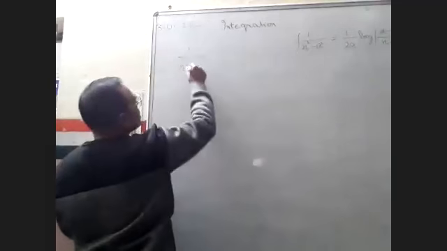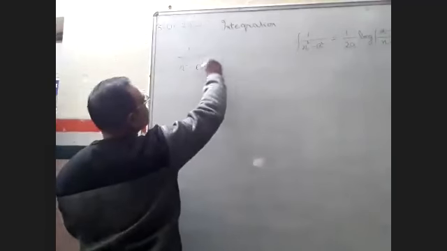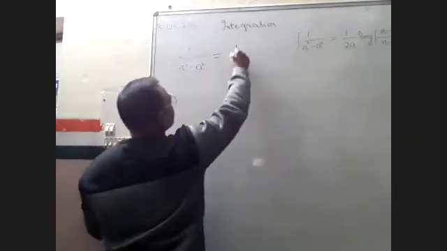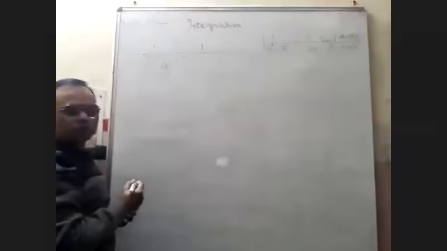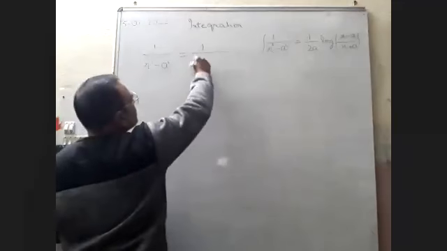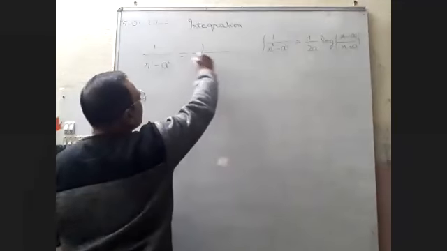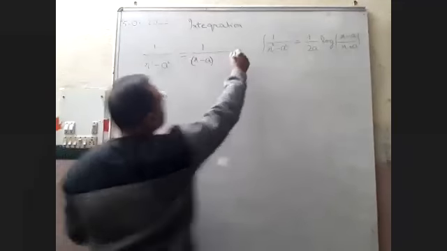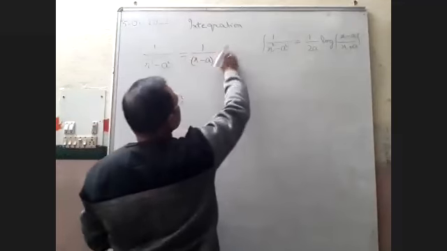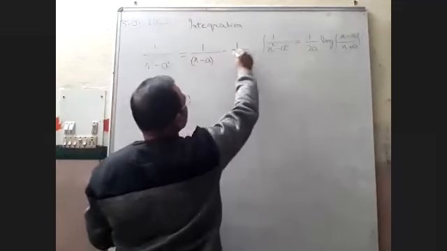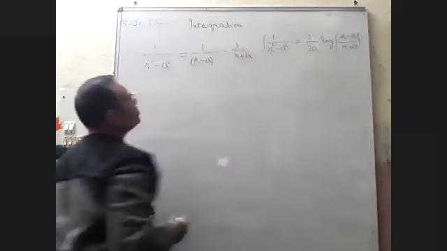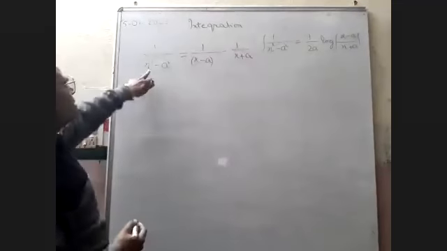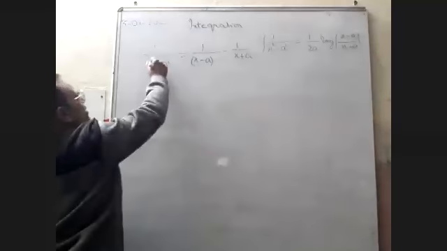x square minus a square, we can split the term into 1 upon x minus a minus 1 upon x plus a. Now we are splitting this term x square minus a square.